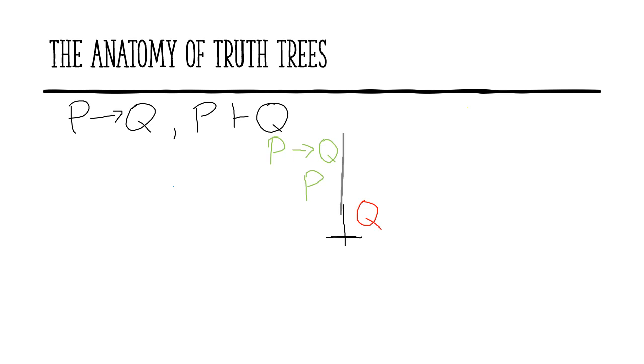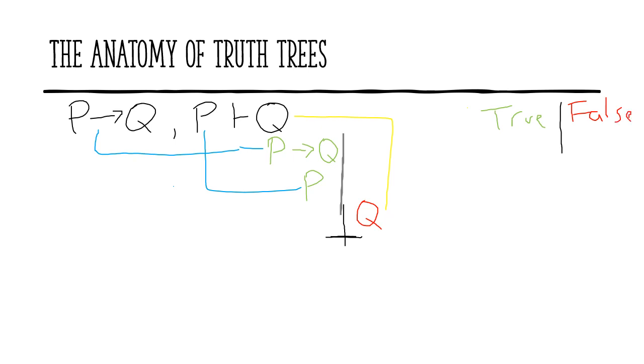We have this premise here, this premise here, and our conclusion here. Every single truth tree starts off the exact same way. Premises go on the left, conclusion goes on the right. And the truth tree is set up so that the left side is true and the right side says false. So if it's on the left-hand side, we're saying this statement is true. If it's on the right side, we're saying this statement is false.